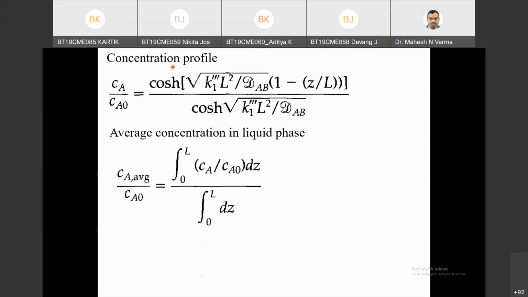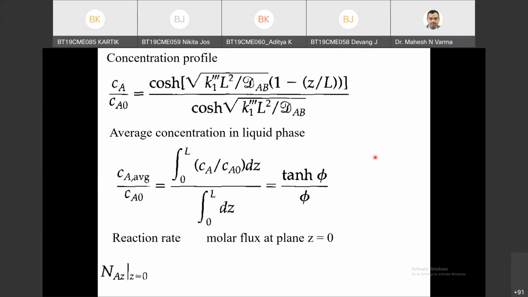And then getting this average concentration: integrate this equation, hyperbolic cos from 0 to L divided by L, and get tanh phi divided by phi. So use all the definitions of hyperbolic trigonometry, and then get the rate of consumption.